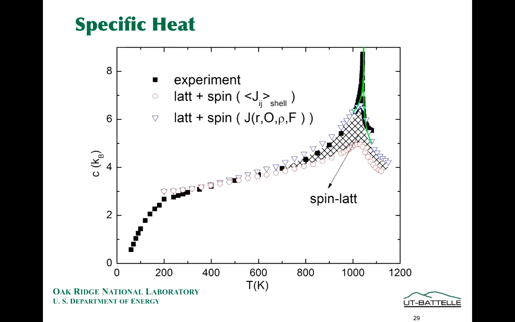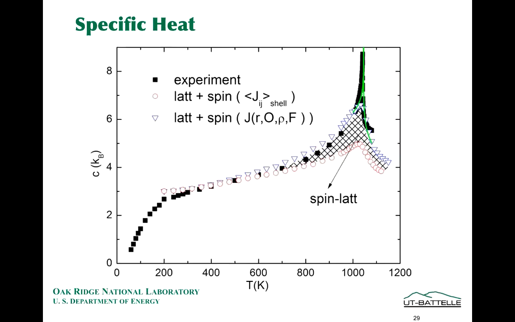And the triangles show our calculation with this model that allows for the interaction between the atomic degrees of freedom and the magnetic degrees of freedom in the system.